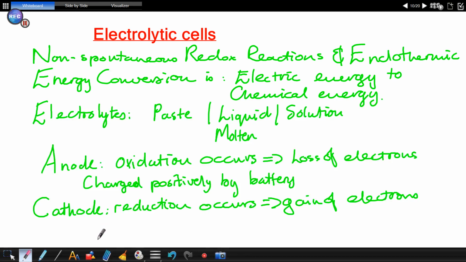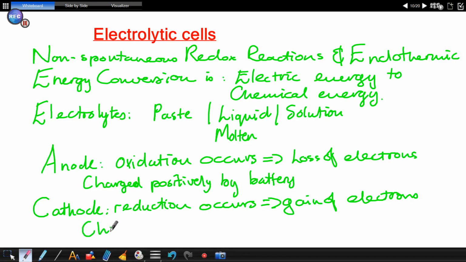And the cathode in the electrolytic cell must take the electrons. Gain of electrons will take place at this one. What electrode will make the chemical take the electrons?